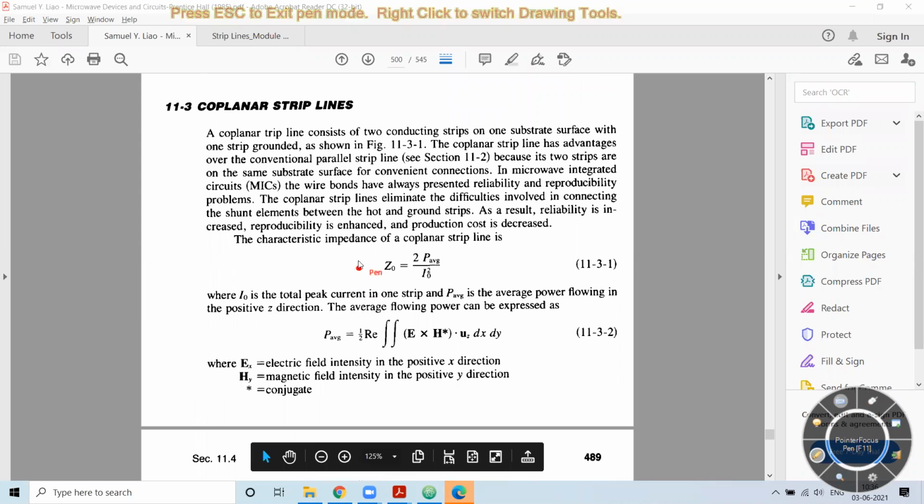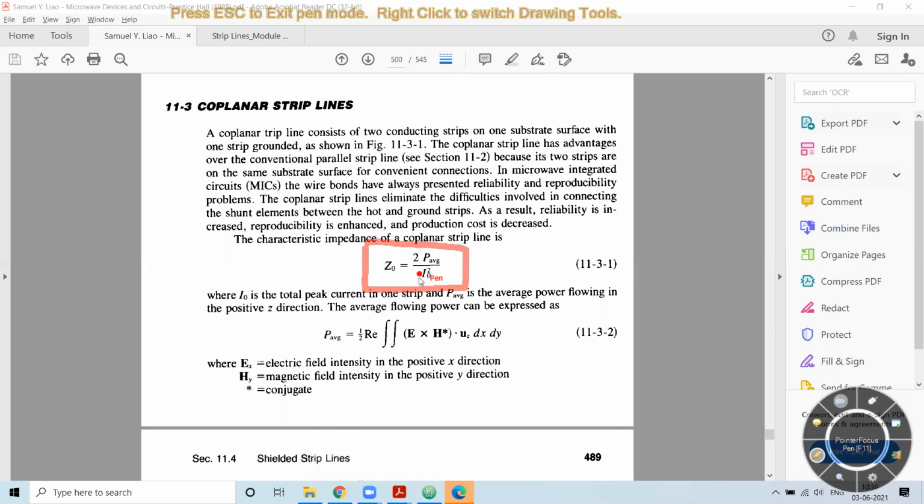Therefore, we have the characteristic impedance of the coplanar strip line, given by Z naught equal to 2 times P average divided by I naught square. Then from the Poynting theorem, based on the electric and magnetic fields, there is a Poynting vector that we specify.